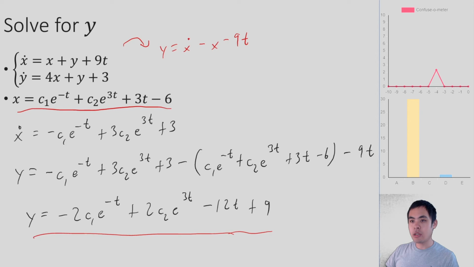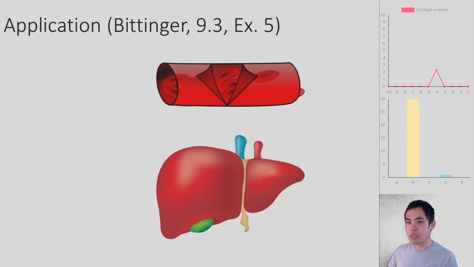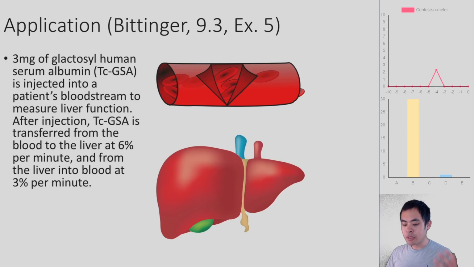Okay, and so let me go ahead and give you the setup for this problem, though I don't think I'm going to have time to solve it. So how can you apply this in real life? Well, suppose that you have a model of the human liver. So you want to measure how well the liver functions. And one experiment that people do to measure how well a human liver functions is you inject some TCGSA into the bloodstream, and you measure how much TCGSA is in the blood or the liver as a function of time.